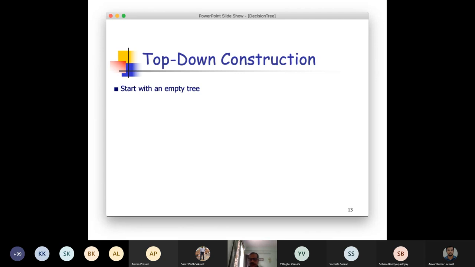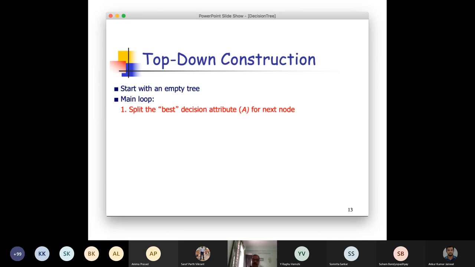If I put it in the algorithmic structure, as you see, it's a top-down construction. So start with an empty tree. Then in the loop, you split on the best decision attribute for the next node. So attribute selection is a task that you need to do at every node: which attribute should be selected, whether attribute 1 or attribute 2, which means whether the x coordinate or y coordinate in the previous problem.